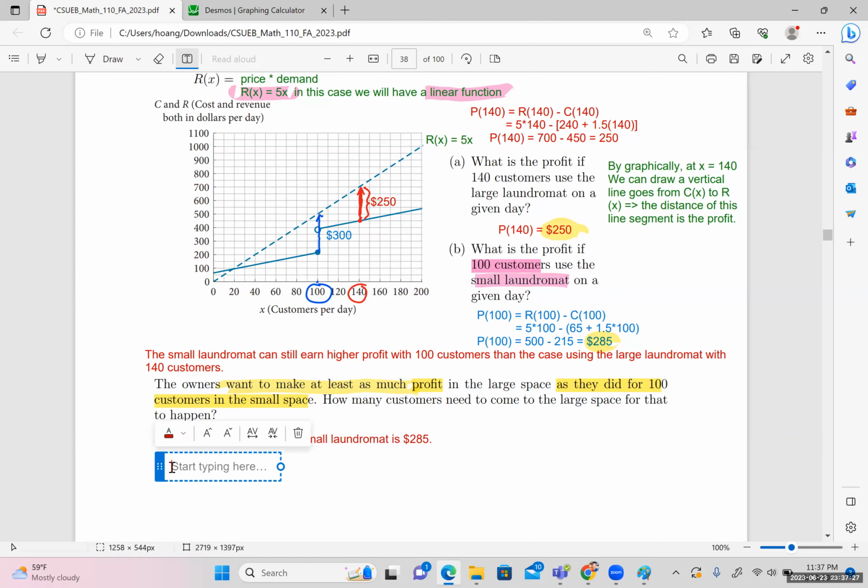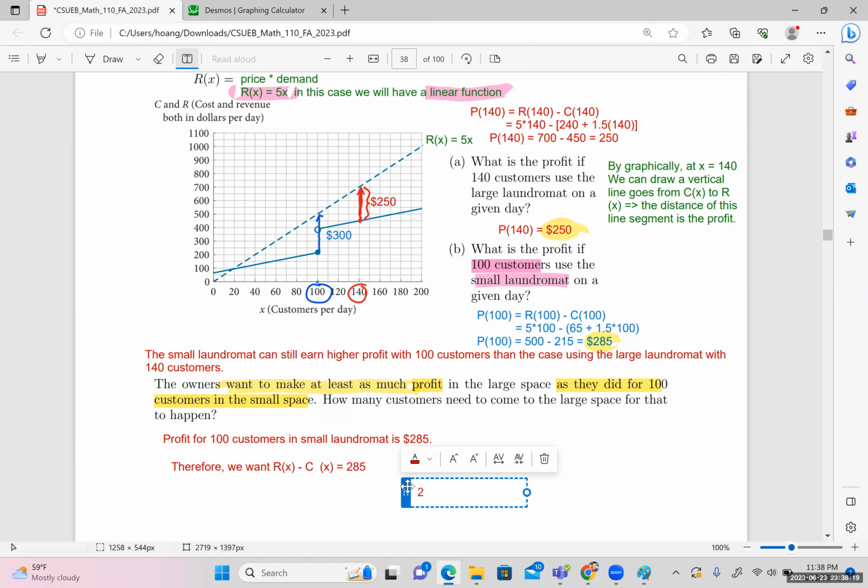Therefore, we want the new profit function, the revenue function minus the cost function in the new, extended business with the larger laundromat, to also be equal to 285.